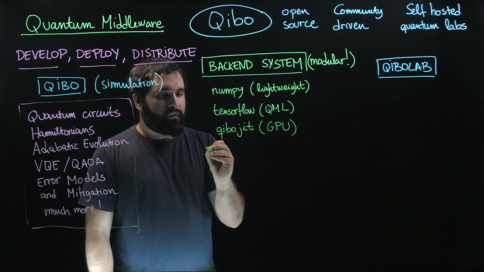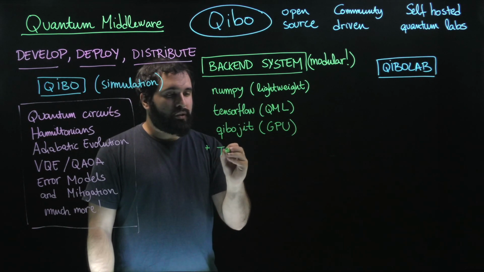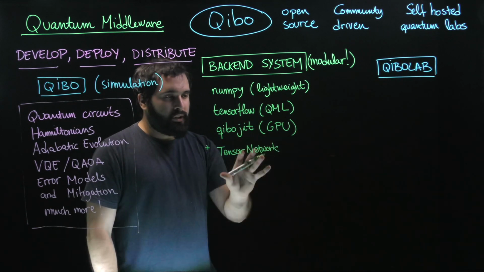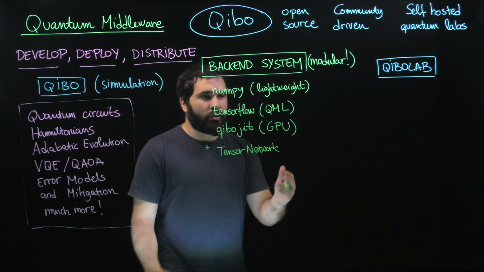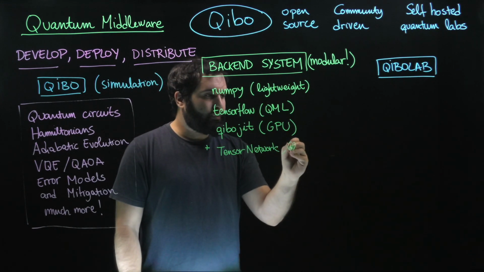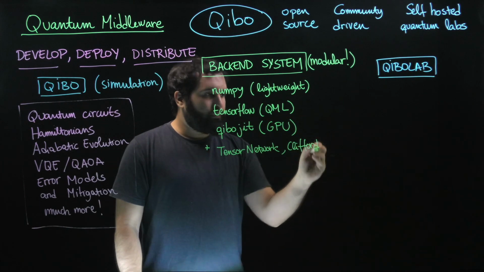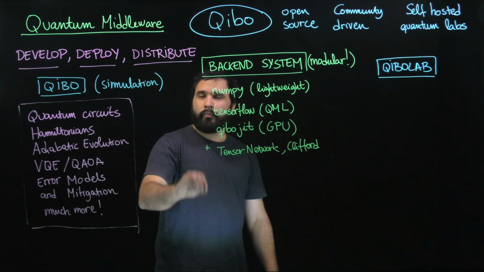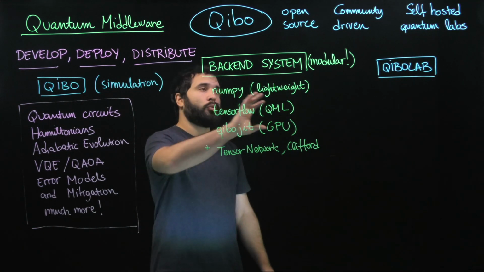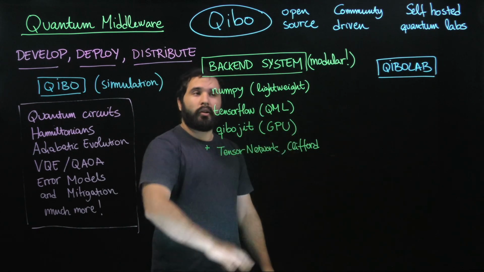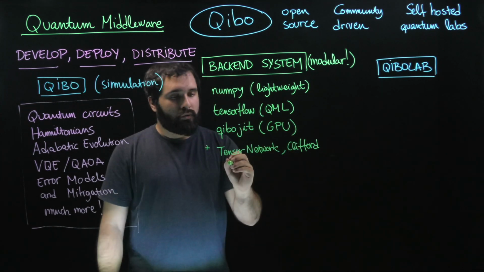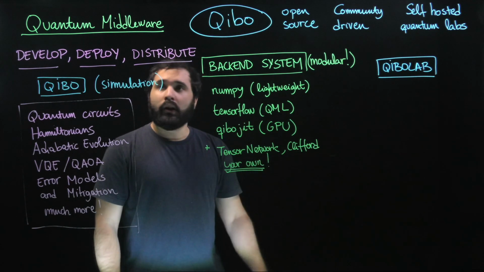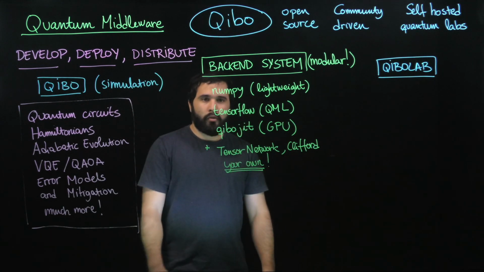So, for example, we have on the way a tensor network-based backend, but also you could develop Clifford simulators and many others. And crucially, if you have a specific way of executing your circuits, or you want to have a special hardware backend, you can build your own and take advantage of all of the Qibo environment.